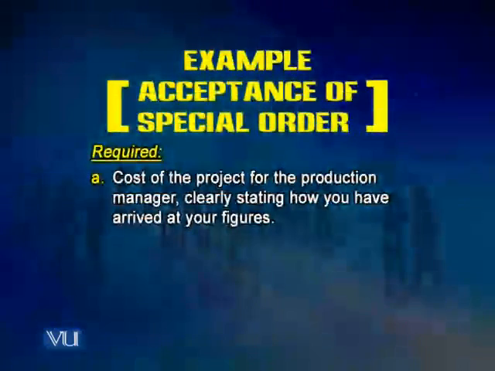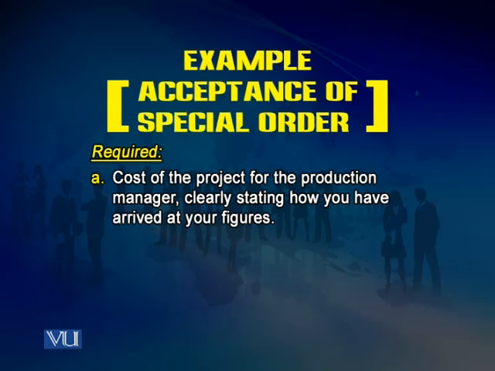So the requirements are: A. Cost of the project for the production manager, clearly stating how you have arrived at your figures. We need to establish what should be the cost of this project that we can give to the production manager, and we have to give the basis on which we have arrived at the figures.